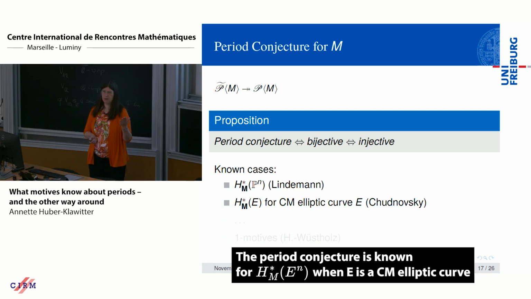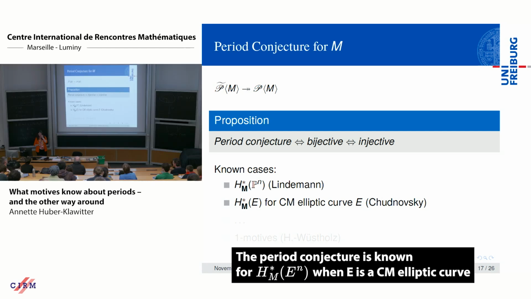Chudnovsky proves an upper bound, and in the CM case he proves a lower bound, and in the CM case the lower bound and the upper bound agree. In the CM case you have an additional morphism of varieties from the complex multiplication of the elliptic curve. So it creates new relations, makes the period space smaller. So we know this case.